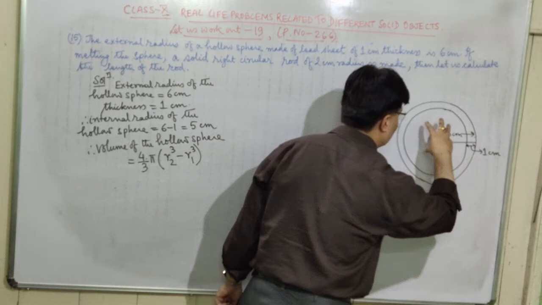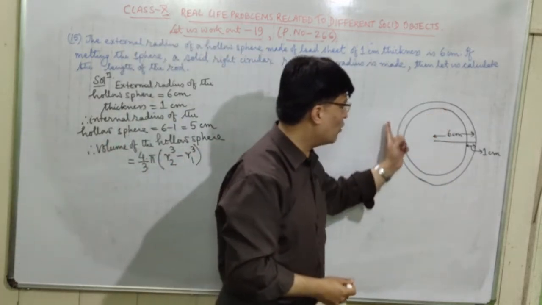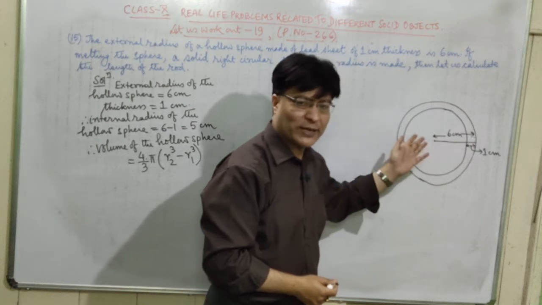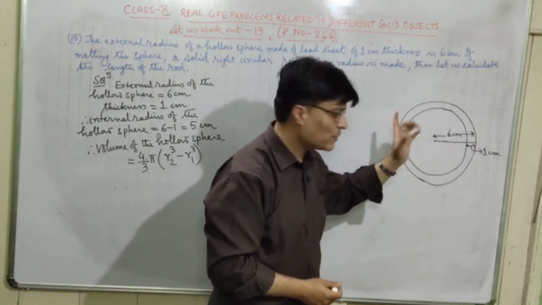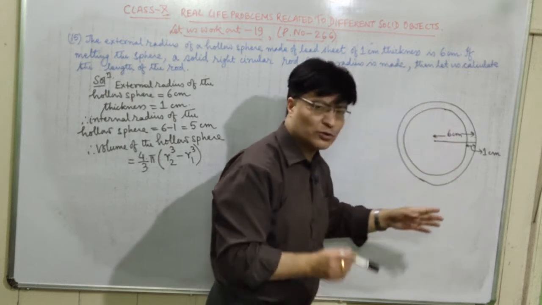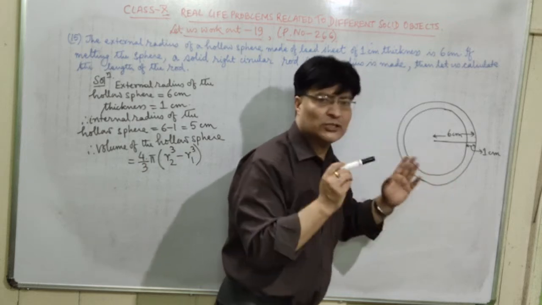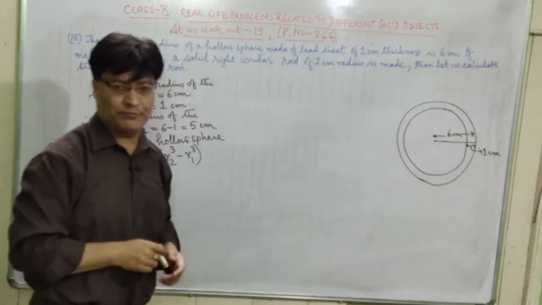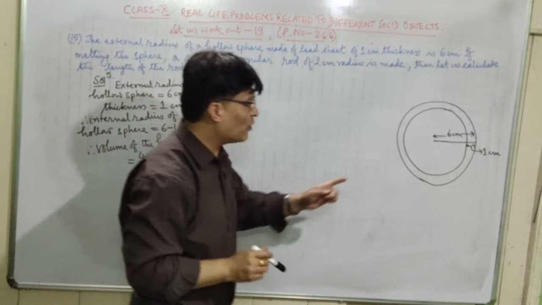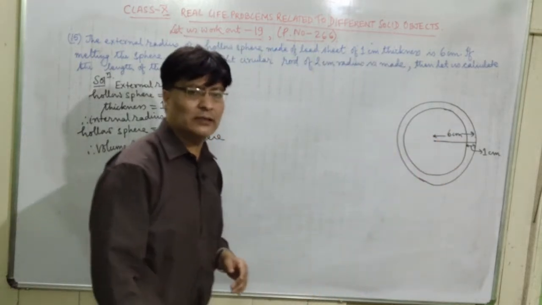This internal volume should be subtracted from the external volume. If the internal volume is subtracted from the external volume, then you can get the volume of the hollow sphere.